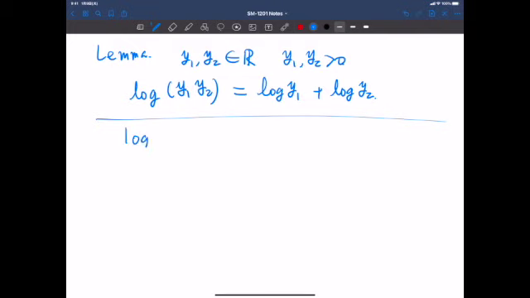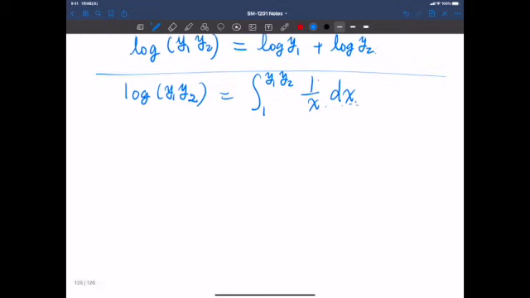By the definition of log, this is an integral, 1 over x dx. Previously we wrote 1 over t dt, but this variable of integration doesn't matter. It's just a name.